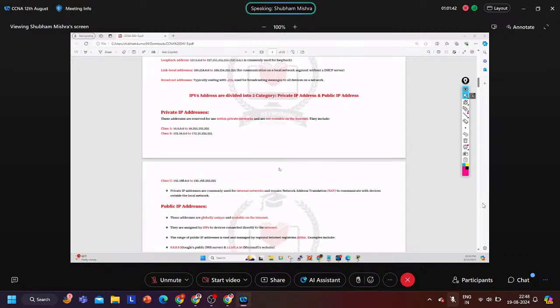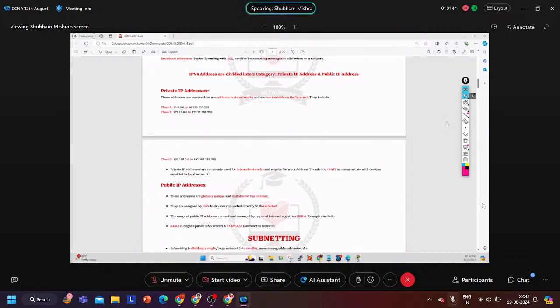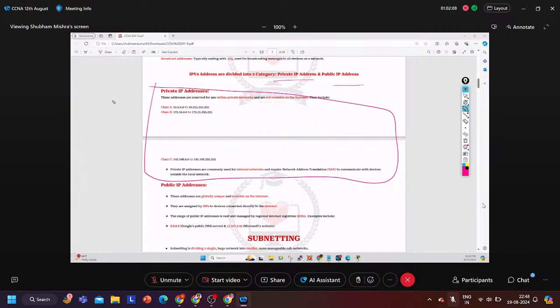Now, next, IP addresses are divided into two categories, the private IP address and the public IP address. I think I already discussed these things. Now you have to remember this one, so that's the reason I mentioned these things here. I told you IP addresses are divided into classes, yes or no, everyone?